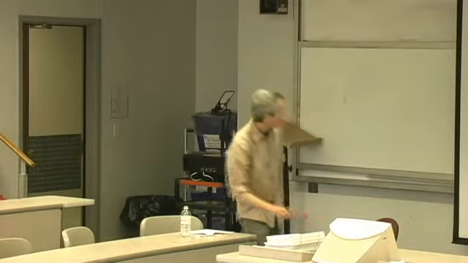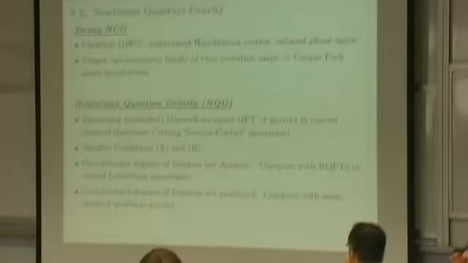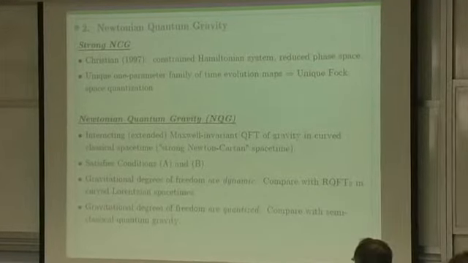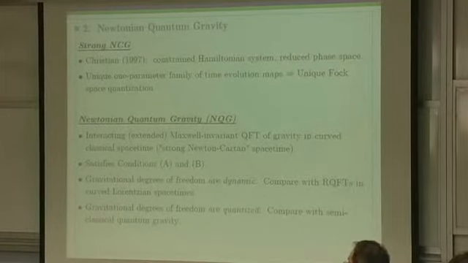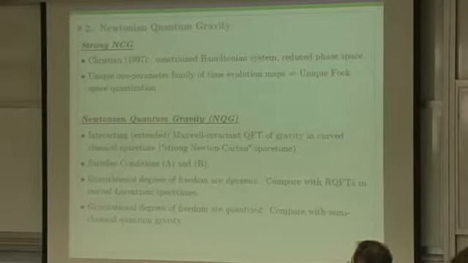And one can also compare Newtonian quantum gravity to the program of semi-classical quantum gravity. The fact that the gravitational degrees of freedom in Newtonian quantum gravity are fully quantized distinguishes it from semi-classical approaches to incorporating gravity into relativistic quantum field theories.